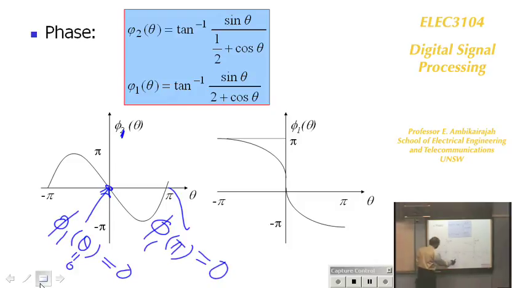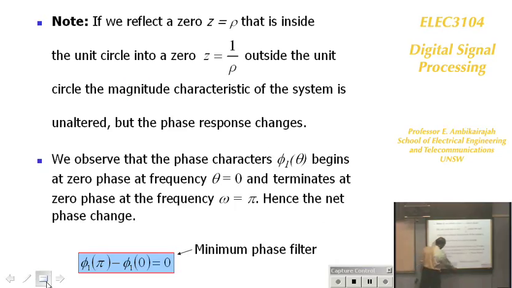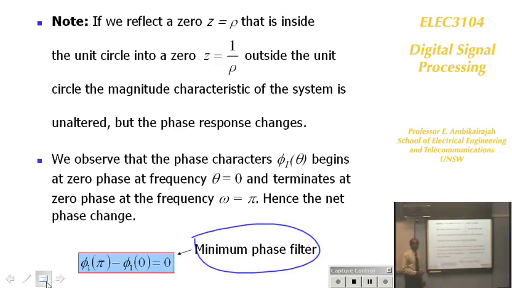So if you subtract this one from that, the difference is 0. So you will find that for minimum phase filters, this is true. It doesn't need to be 0. In some cases, when you subtract this, it will have a smaller value. But I'll come back to that in a minute.